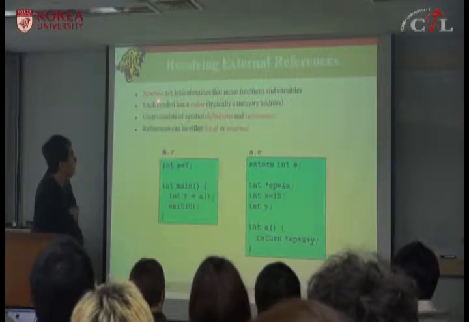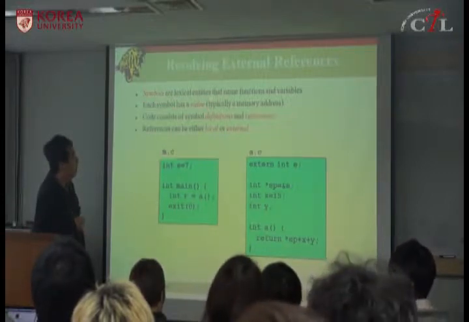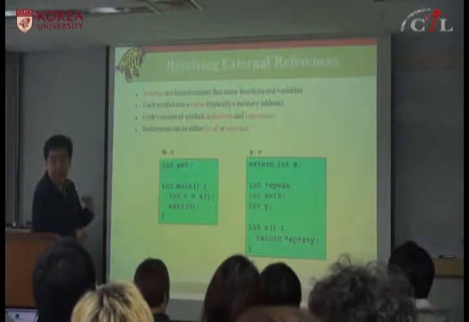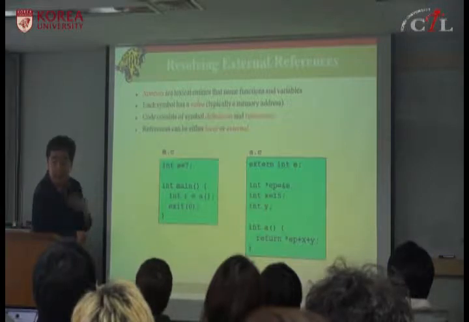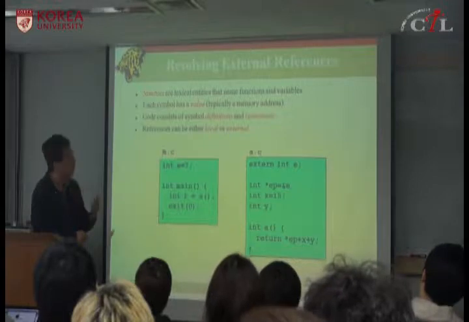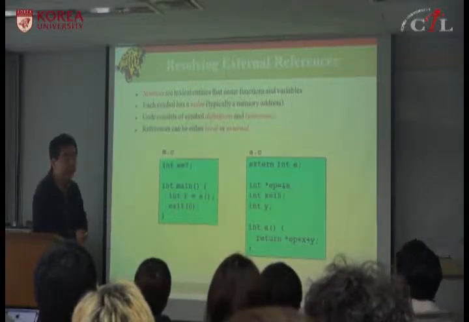Usually the symbols here reference functions or variables. So you can have a function symbol or a variable symbol. It is some kind of identifier, and it can be either a variable or a function, depending.